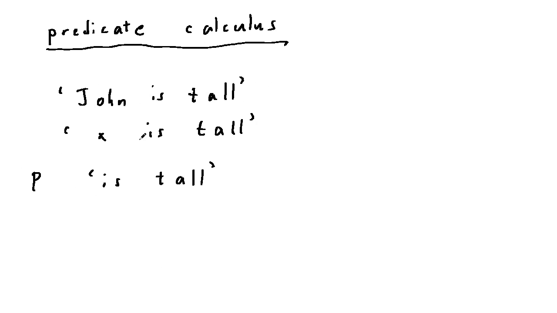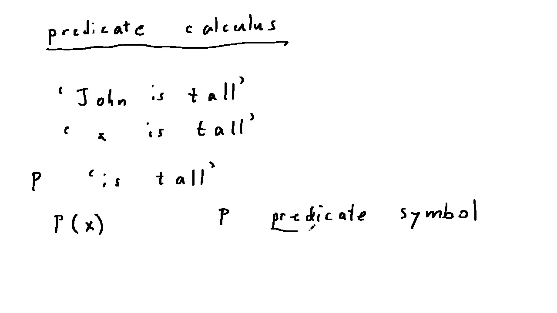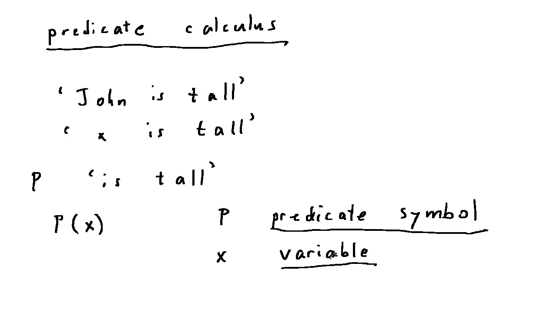Then we can write x is tall in symbols as P of x. Okay, P is called a predicate symbol, and x is called a variable.